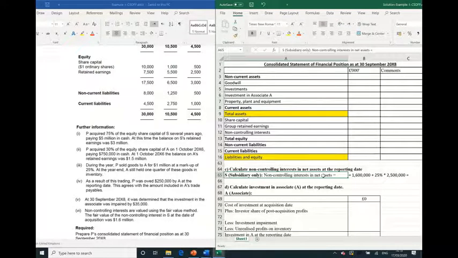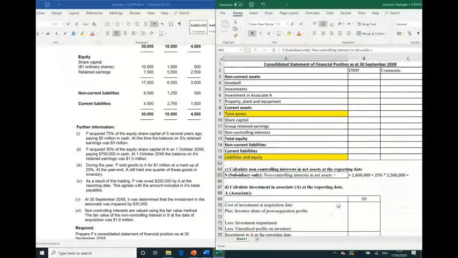Okay. And then moving to the next item that we need to work out, which is the investment in associate.